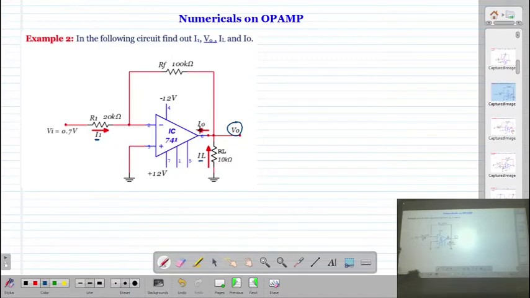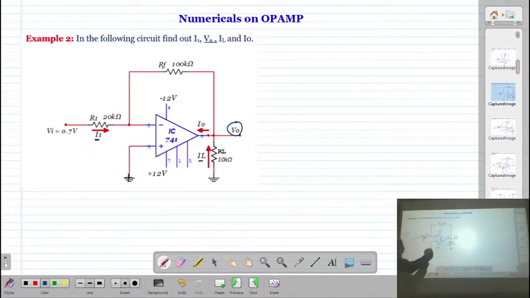Now if you see, this circuit is nothing but an inverting amplifier. By applying the concept of a virtual ground, you can calculate the value of I1.